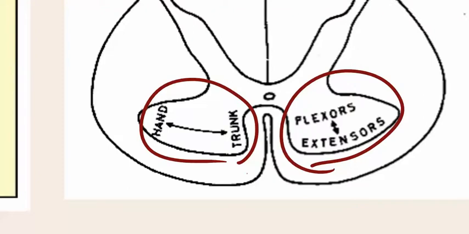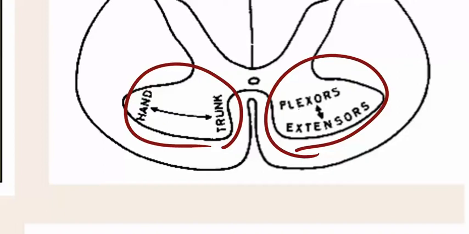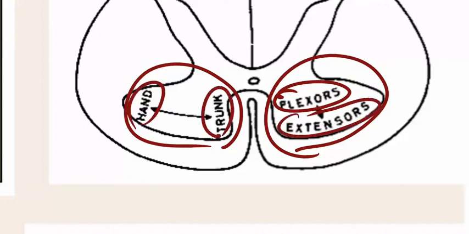So if you had a motor neuron around this region right here, they're going to be more so innervating flexors. If you had a motor neuron here, it's going to be extensors. Then over here, trunk, hands.